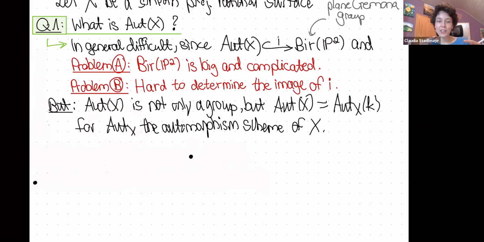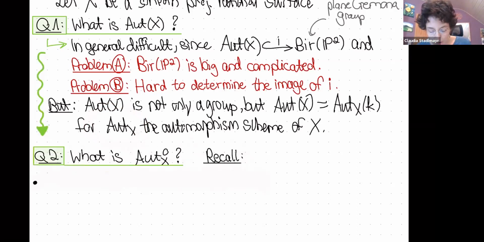This observation leads us now to the easier question 2, namely, what is the automorphism scheme of X, or much easier, what is the connected component of the identity of the automorphism scheme of X?